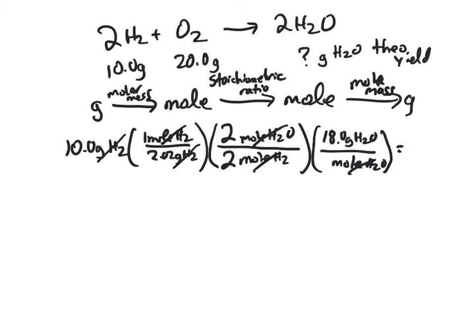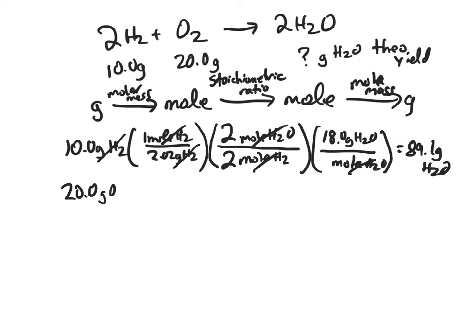So plug that in our calculator. 10 divided by 2.02 times 2 divided by 2 times 18 will give me 89.1 grams of water. Now we need to do the same thing, but based on oxygen.